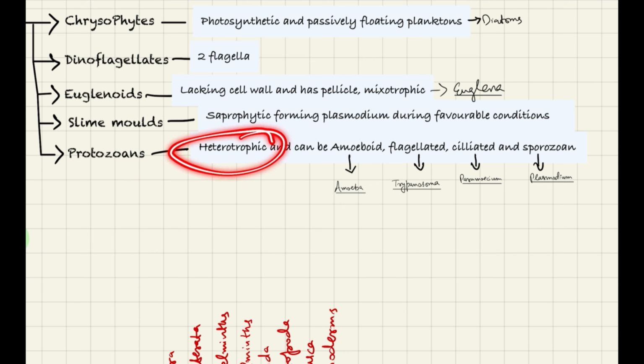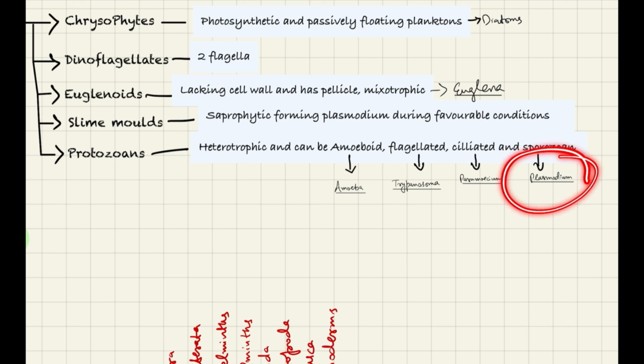These are heterotrophic, and can be of various types, like amoeboid, with amoeba as an example. Flagellated, we have trypanosoma, which causes sleeping sickness. Ciliated, having cilia, and paramecium is the example. Sporozoans means they bear spores in some part of their life cycle, and the example is plasmodium, which causes malaria.